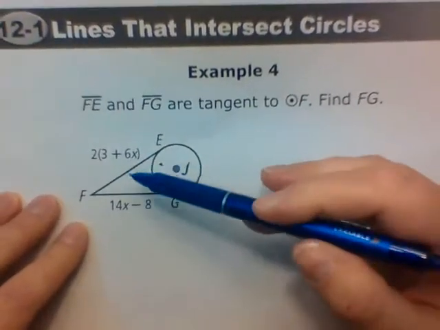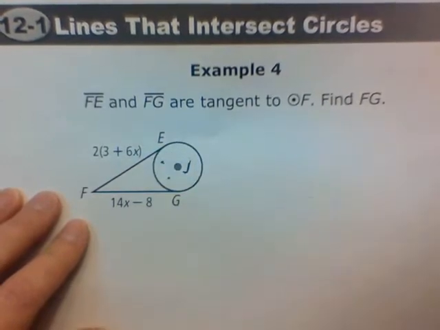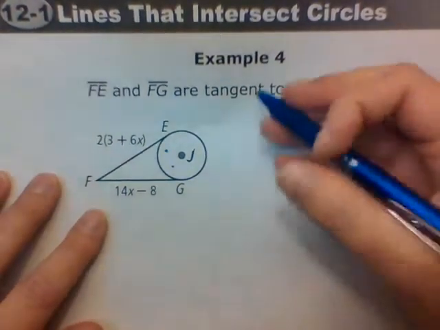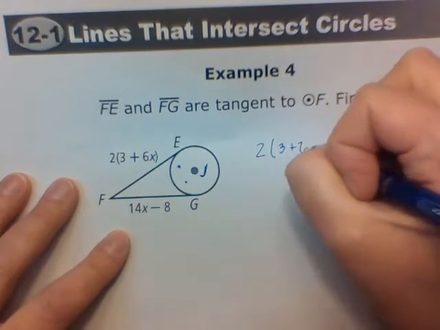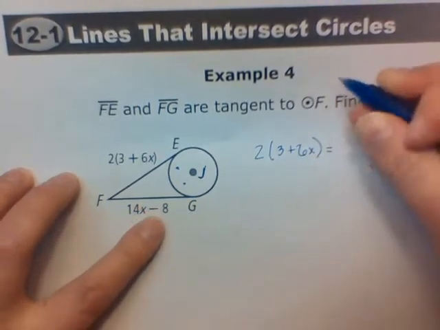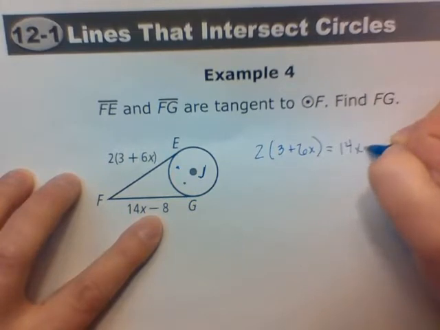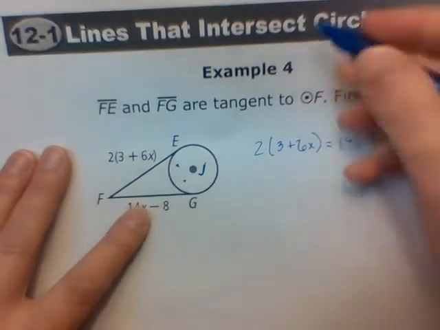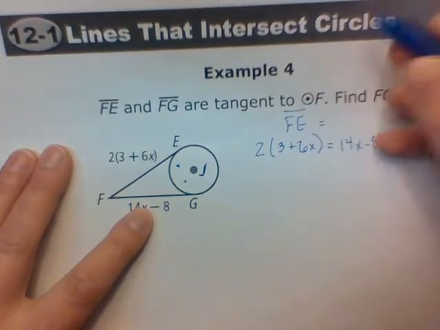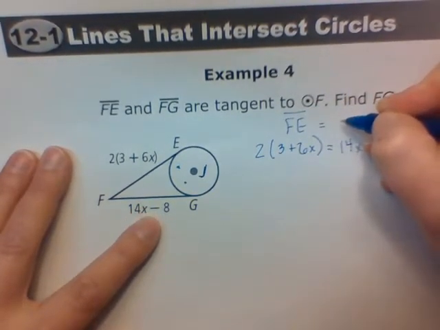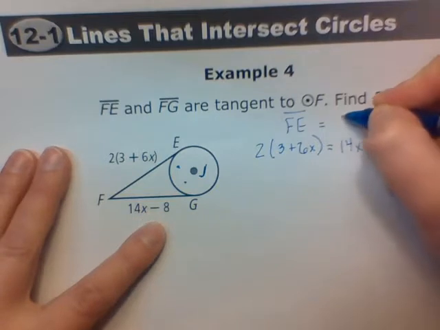And of course, we don't just put a number on there, we put an expression, because what would be the fun in that? So that means that 3 plus 6x's are going to equal this guy here, 14x minus 8. Because FE, according to the theorem, is equal in length to FG.